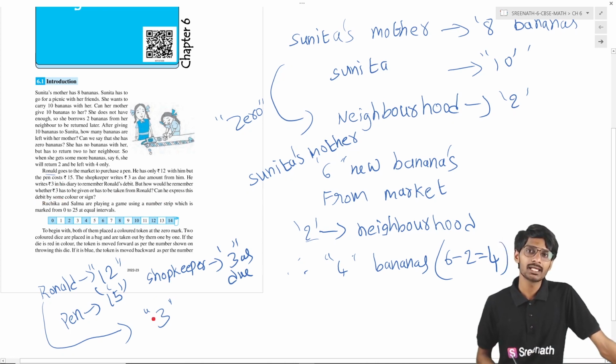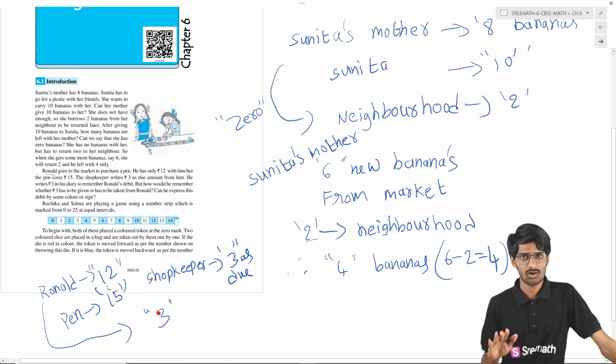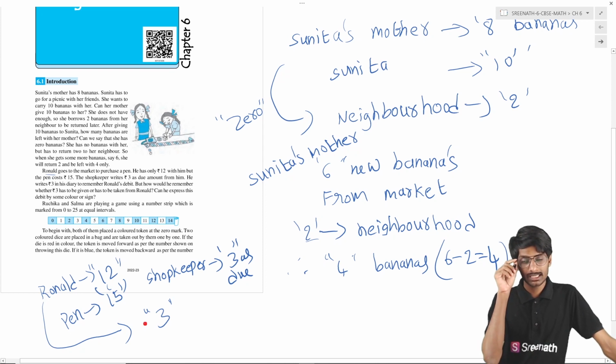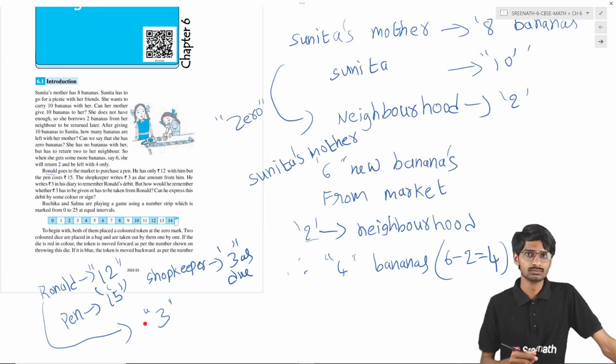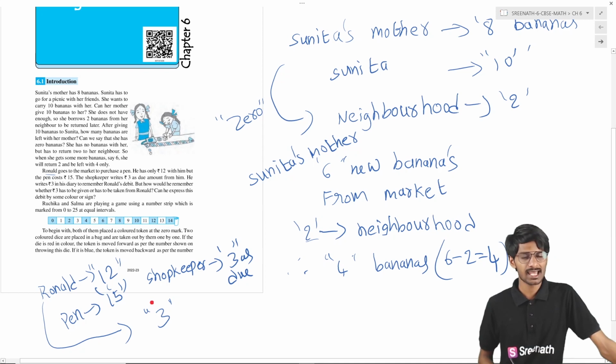By writing with some color, or choosing some sign, can he represent his debit, which means he has to give it to the shopkeeper, and not that the shopkeeper will give? To be clear about those 2 situations, he may use any sign or color. Yes, he may, students. So another situation.